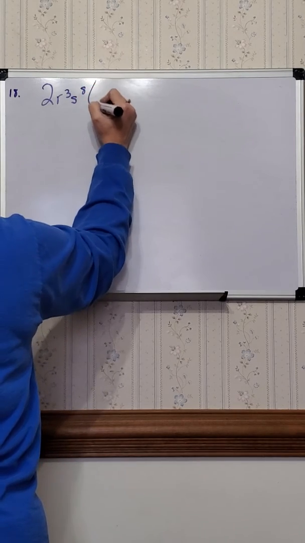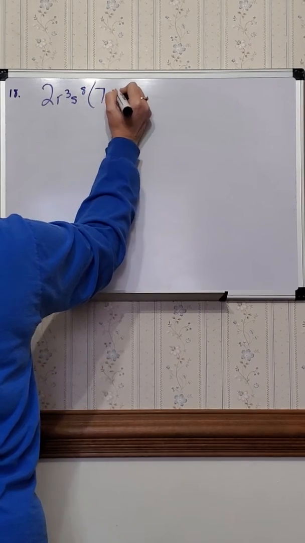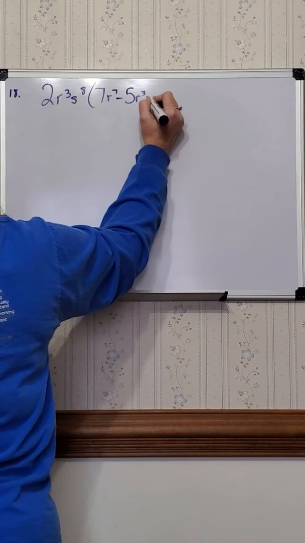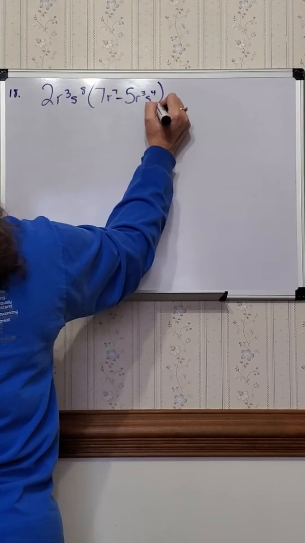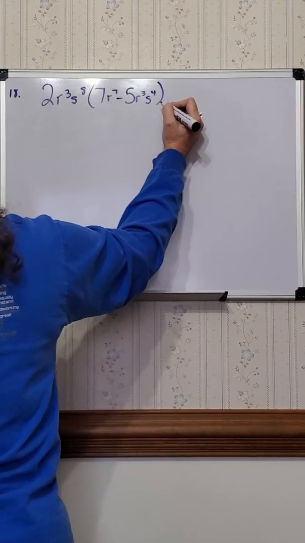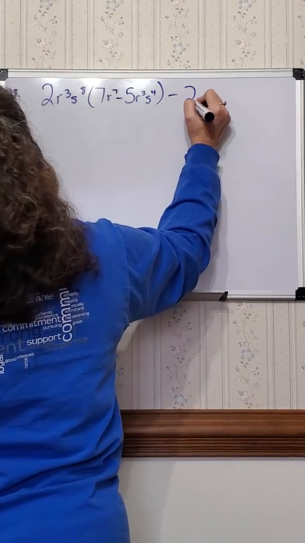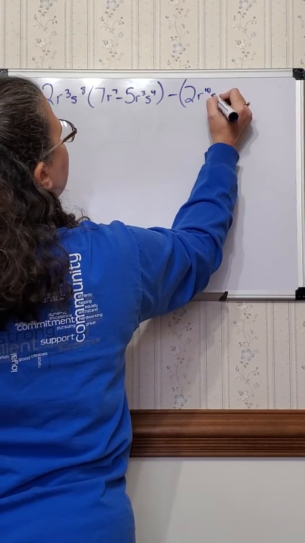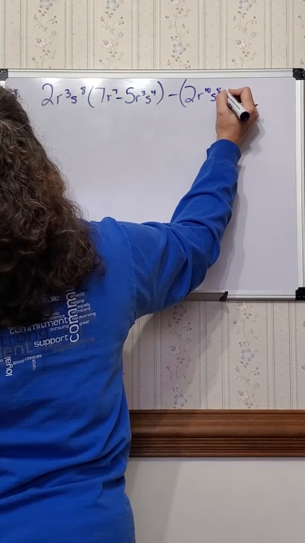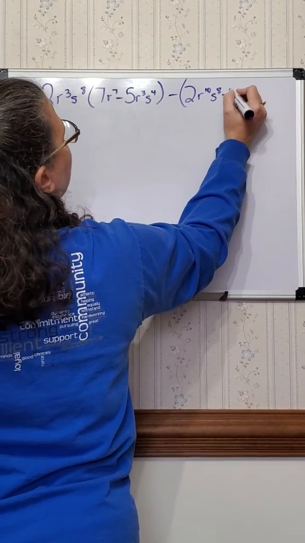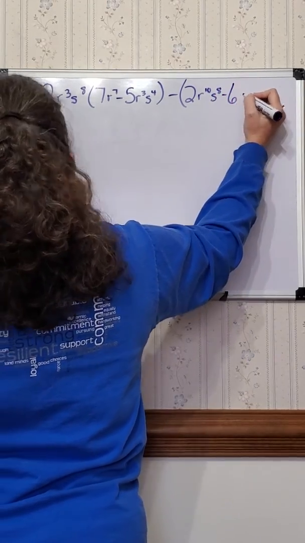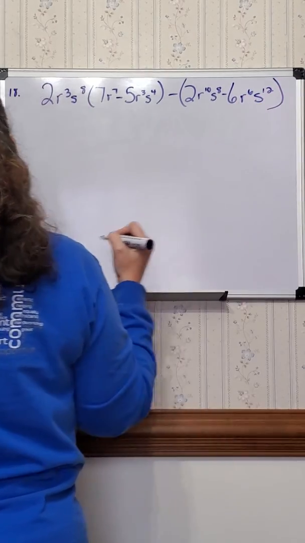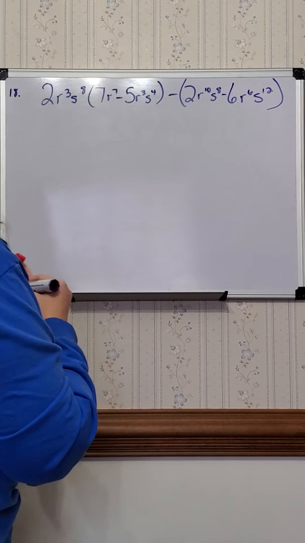All right, times 7r to the 7th minus 5r to the 3rd s to the 4th minus 2r to the 10th s to the 8th minus 6r to the 6th s to the 12th. Okay, that is one crazy problem.